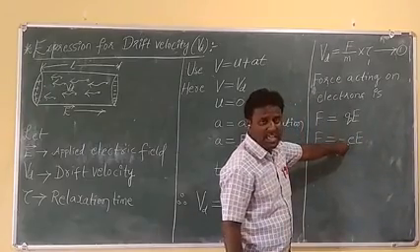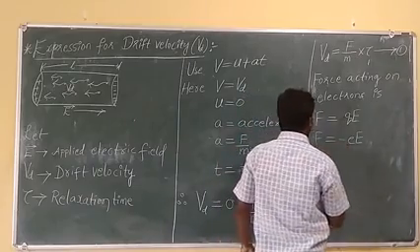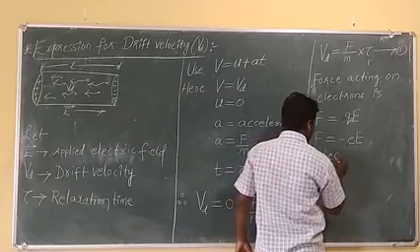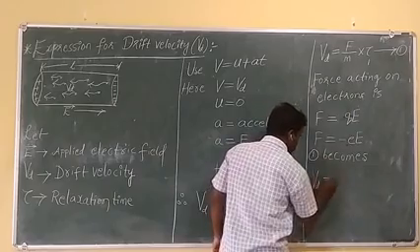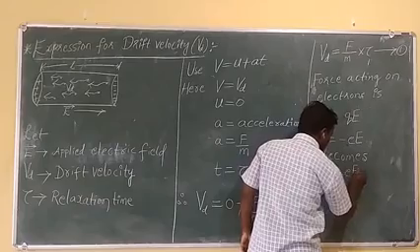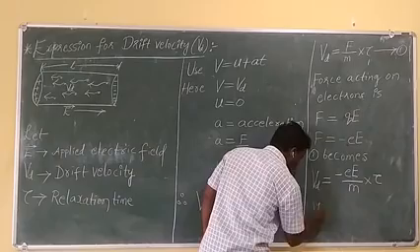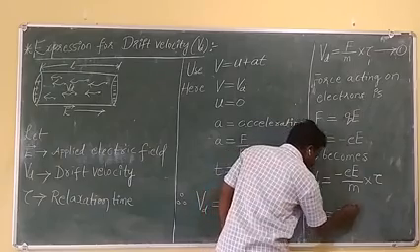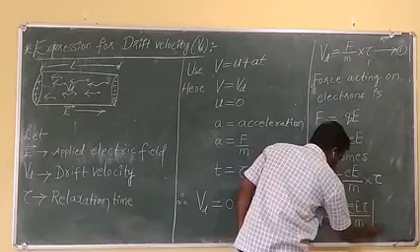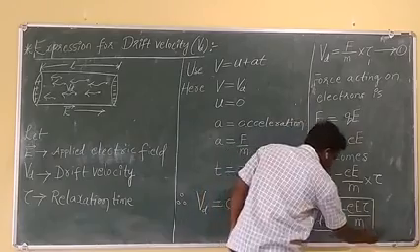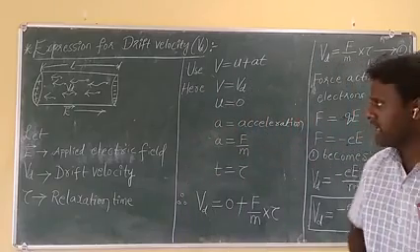This minus e is the charge of an electron. Substituting in equation 1, VD equals minus eE by m into tau. So therefore, the expression for drift velocity is minus eE tau by m.